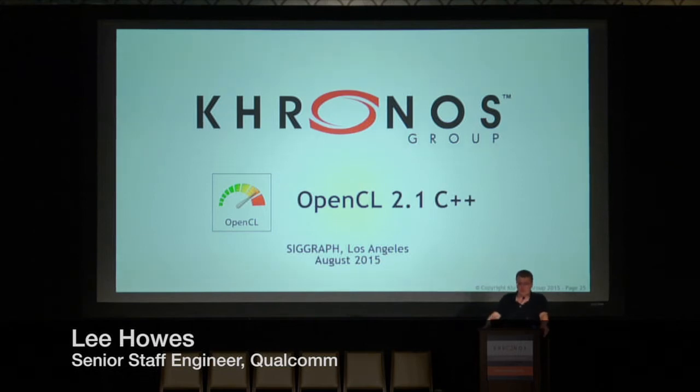So that's the summary of the 2.1 API features. Now the 2.1 kernel language is a C++ kernel language, and this is a request that has been ongoing for a long time.